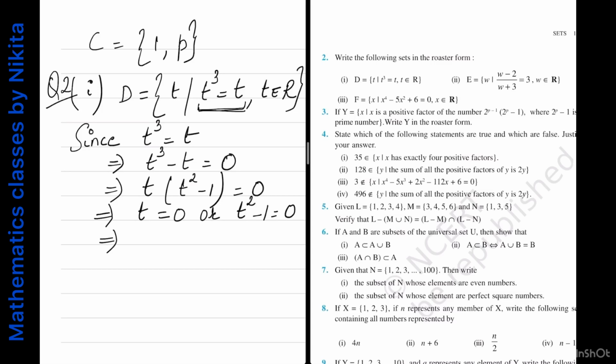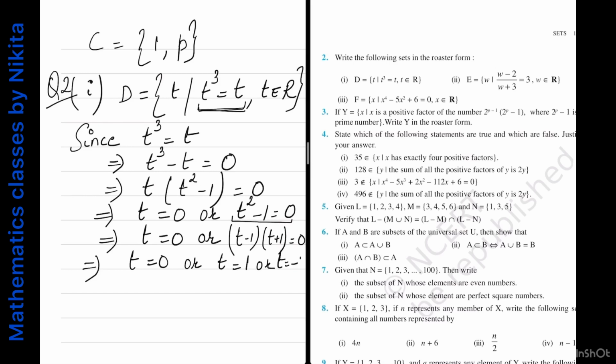Now this is again a quadratic equation and this can be written as t minus 1 into t plus 1 is equal to 0, and this implies t is equal to 0 or t is equal to 1 or t is equal to minus 1.